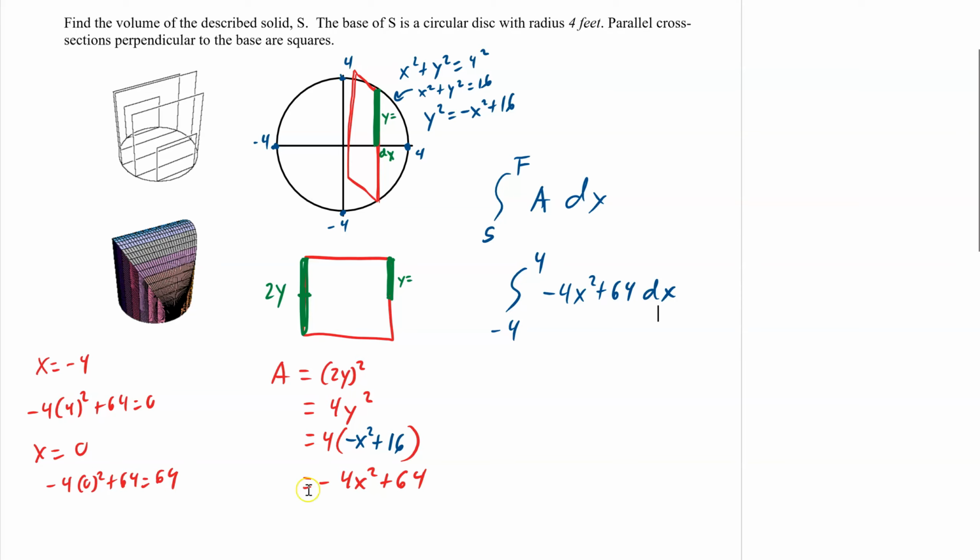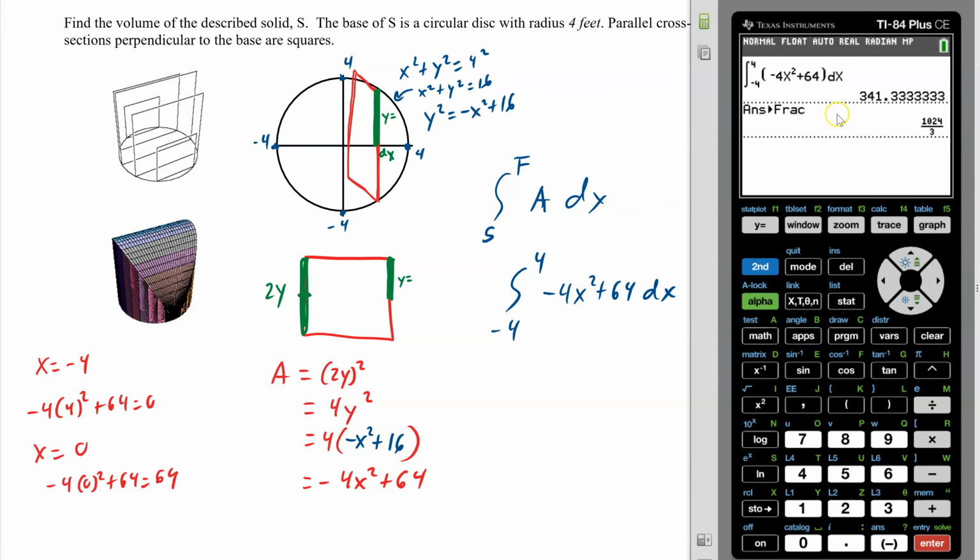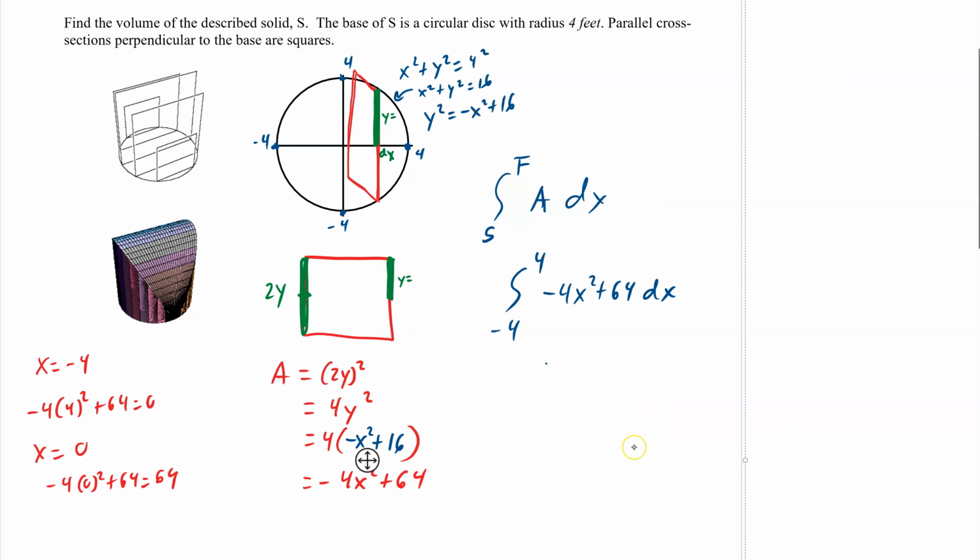Now if we plug that into our calculator, it'll tell us the volume of this solid. Make sure it's correct: negative 4 to 4 of negative 4x squared plus 64. Our calculator gives us 341.33, or 1024 over 3. I'm going to use that one because I want it to be a nice answer.